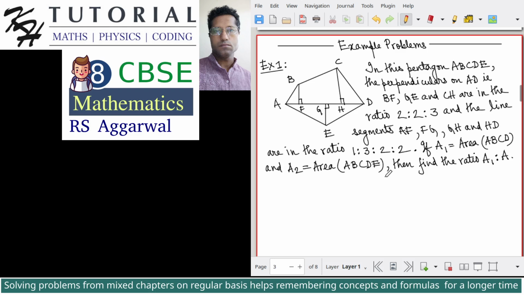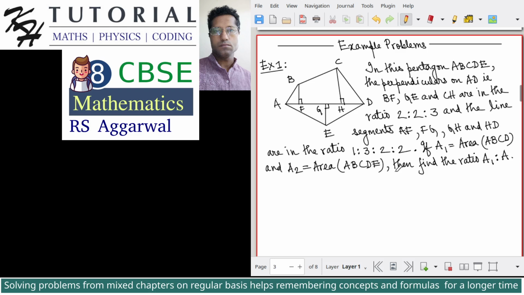If A1 is equal to the area of the quadrilateral ABCD, and A2 is the area of the whole pentagon ABCDE, then find the ratio A1 is to A2. That is, we have to find the ratio of the area of the quadrilateral ABCD and the area of the whole pentagon.